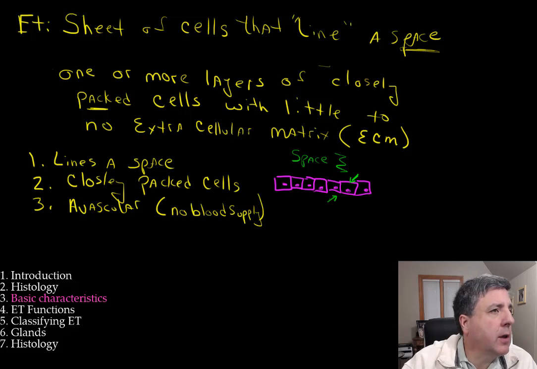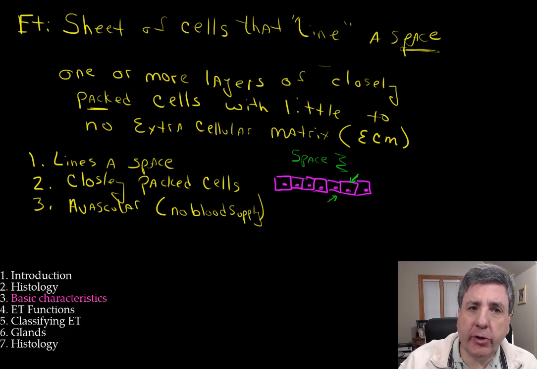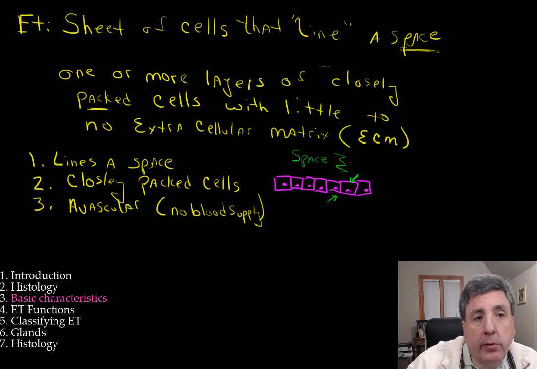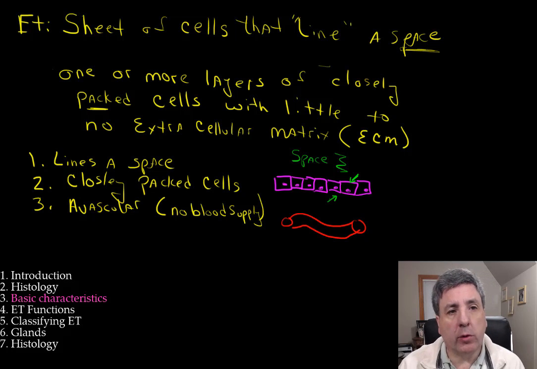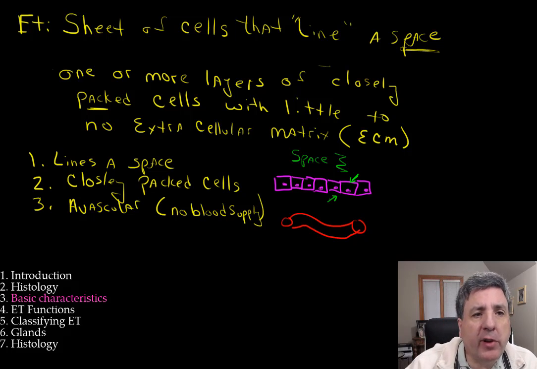Now, how does that happen in this case? Let's look at how the cells in this area receive nutrition, receive oxygen, and remove waste products. What we're looking at here is a little blood vessel, and you can see that blood vessel isn't going through those cells. It's not embedded in these different cells in this area.